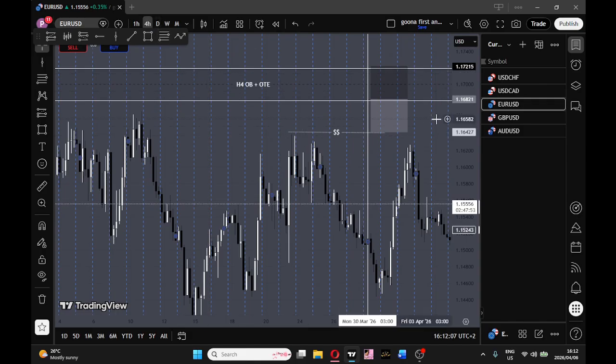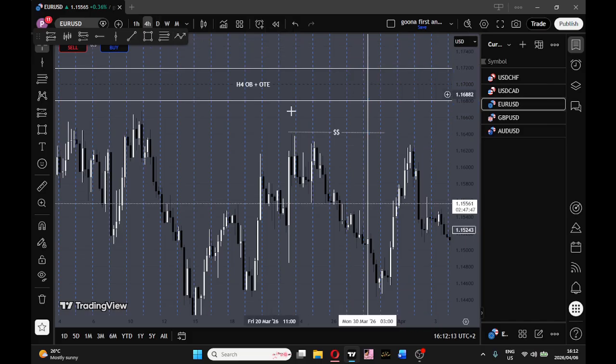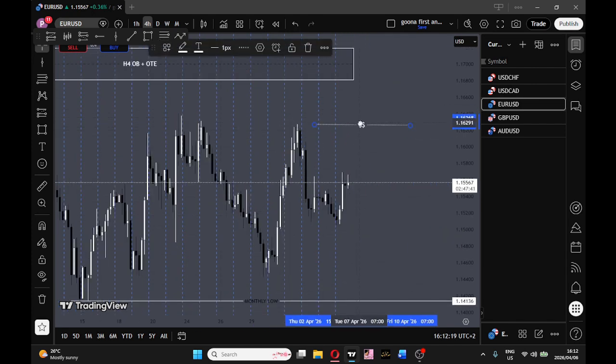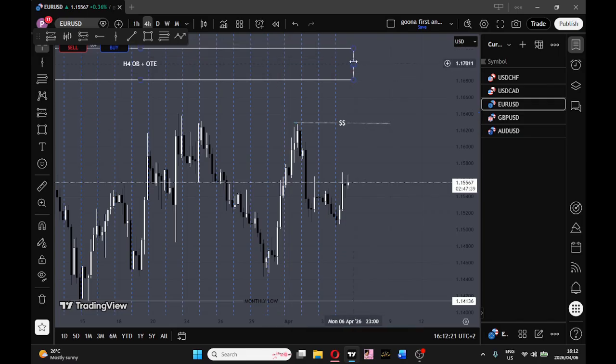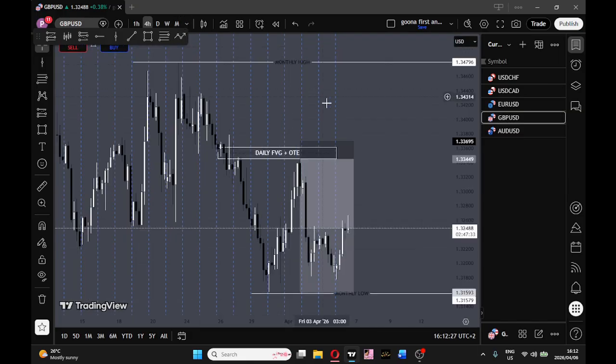For our order block that's in our OTE, there's the setup that has not played out yet, which is still valid, that we saw from a week ago. So we're not going to change anything. We're just going to move the liquidity here so that we know that liquidity has to be swept before moving in there.